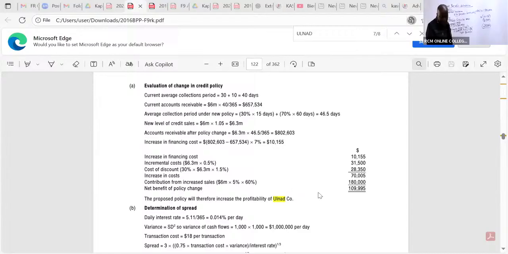So the answer given to us by ACCA is a net benefit of 109,995. Then the proposed policy will therefore increase the profits of the company.